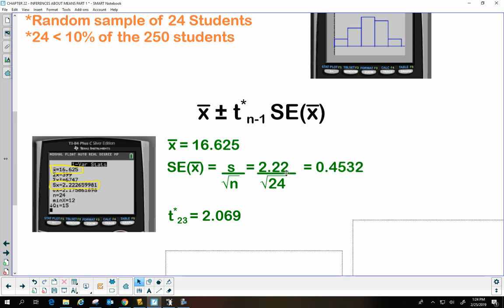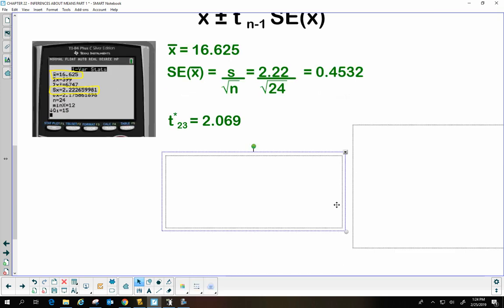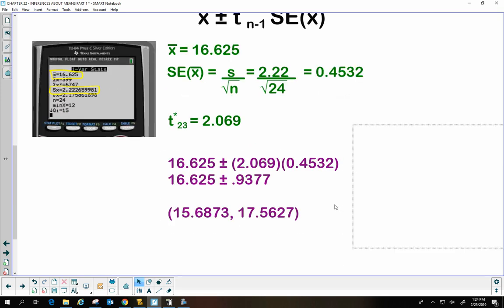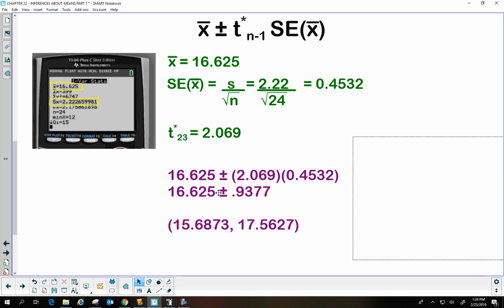Now I can just plug all these into my interval, and I end up with an interval between 15.6873 and 17.5627. Just like with the other intervals and the hypothesis test, we have a function on our calculator that allows us to do this. I'm going to recommend that you do it by hand and use the calculator as a double check.